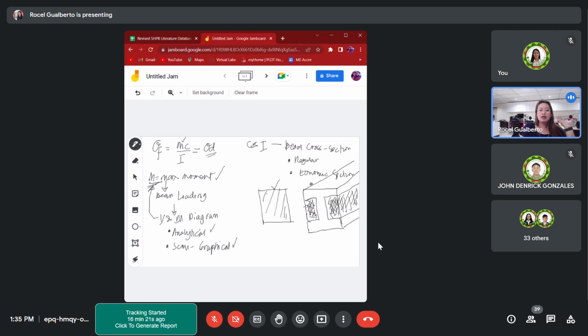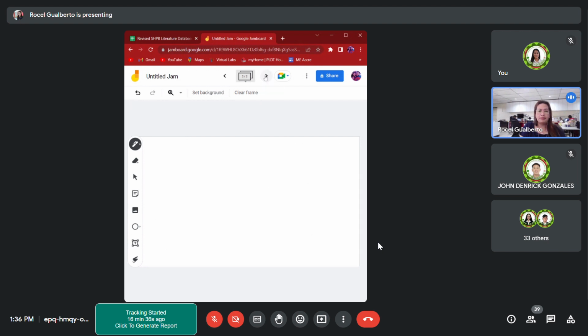So, this is what we call the economic section. Ito po yun, yung letter I dito in this case. Now, how do we find values of C and I? Unahin natin regular cross-sections.